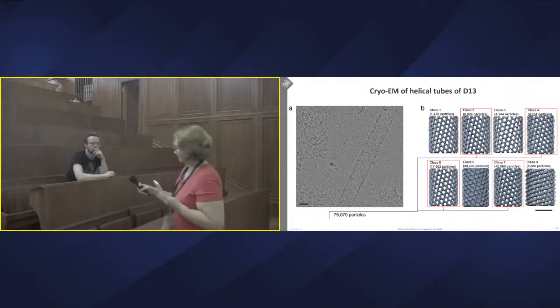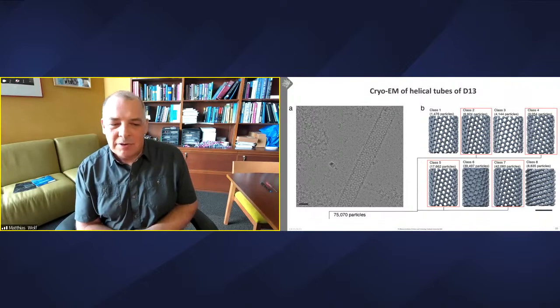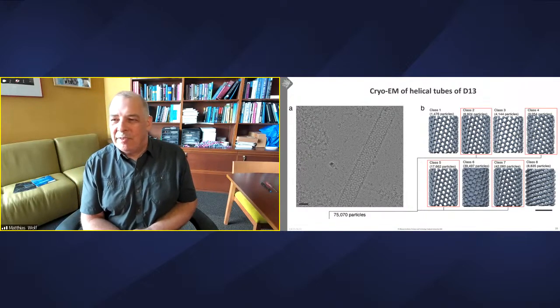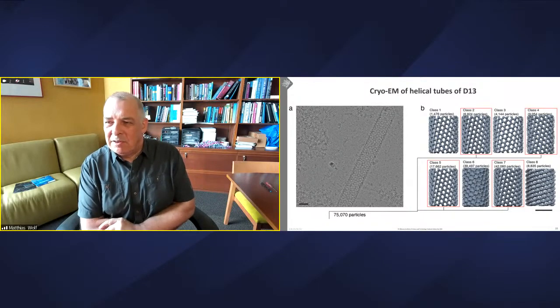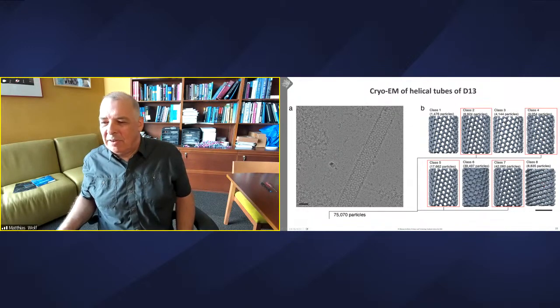Those are both excellent questions. The first one, about distinguishing the helical symmetry: the most obvious parameter is the diameter of the tube. This is fairly easily done by 2D classification, and some of the results are shown here. But as you can see, some of them have a very different helical appearance.